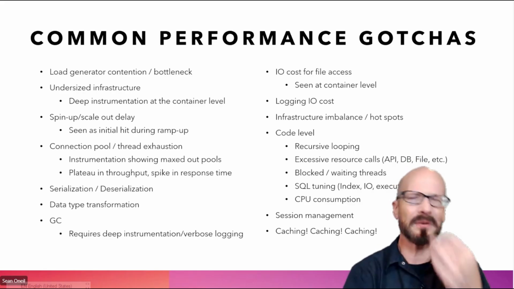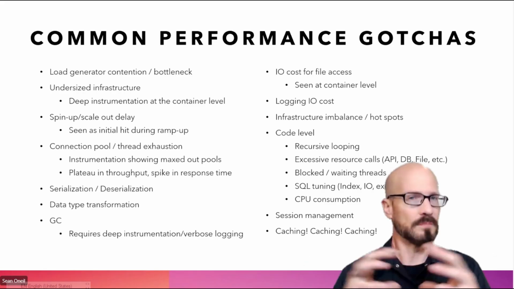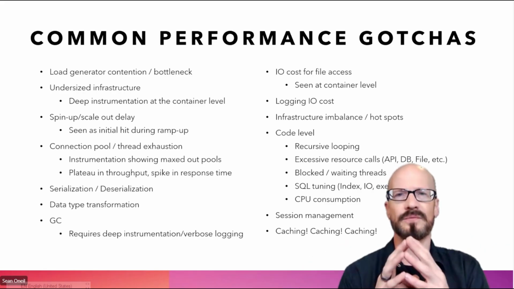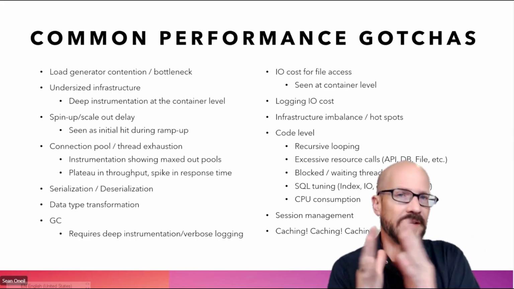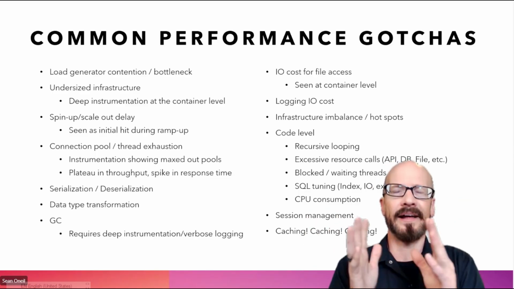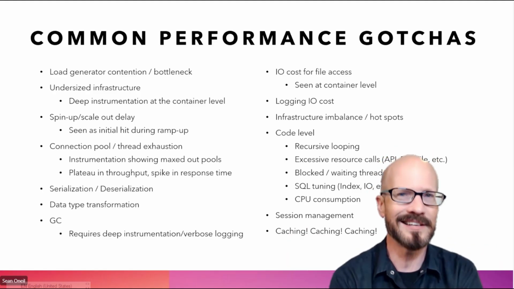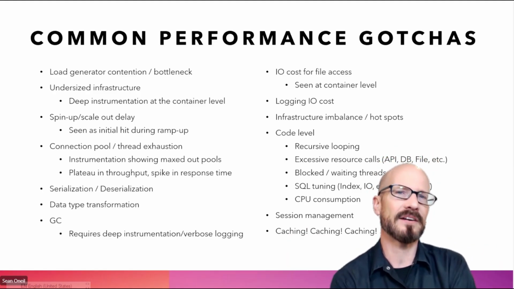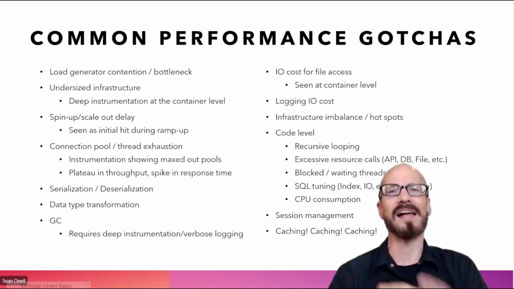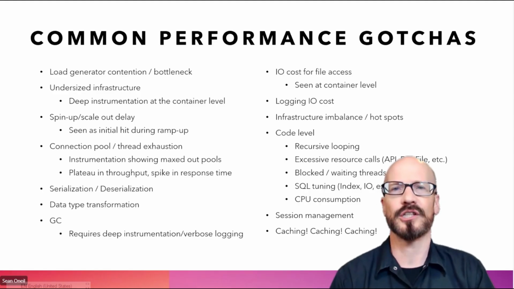So if your app seems to be performing great, and then suddenly the CPU goes bonkers, maybe for a very short period of time, like maybe 10 seconds or a minute, and you don't have visibility into the garbage collection yet, if you see that type of pattern, oftentimes why it's chewing through the CPU is because it's doing garbage collection.